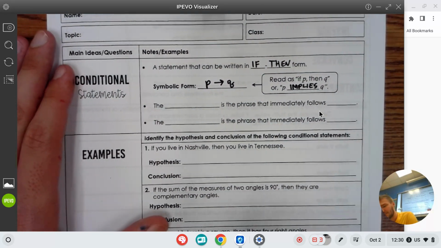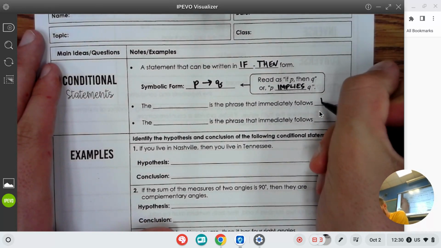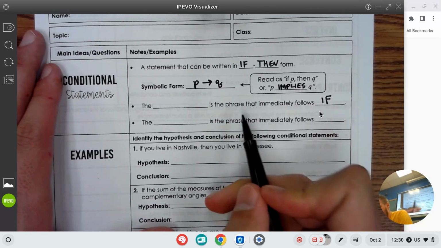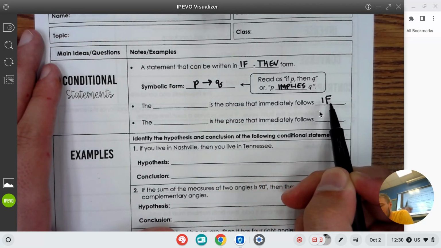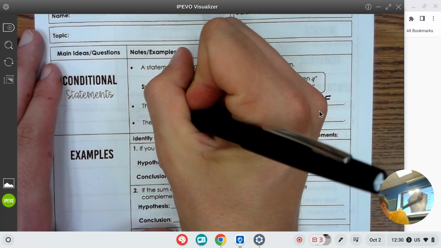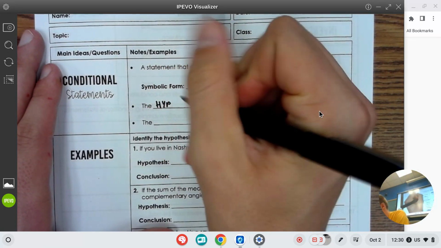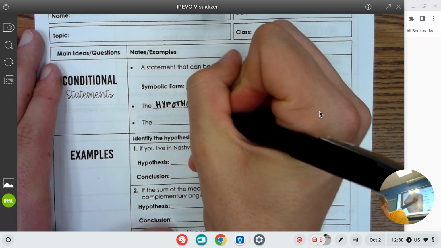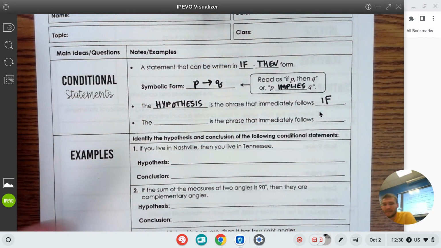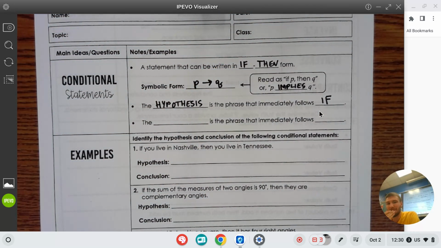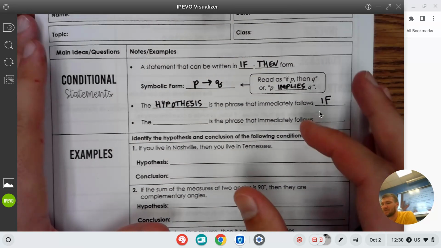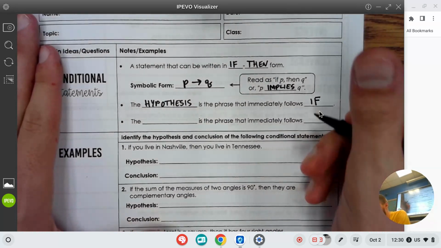So we've got two phrases. The one that immediately follows if is called, a word you've heard from science, the hypothesis. The hypothesis is kind of your first initial idea when you're starting to go through that scientific method.